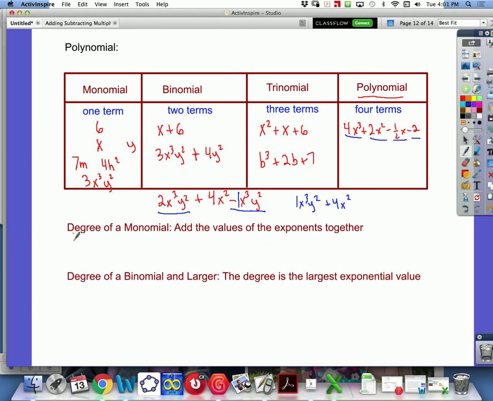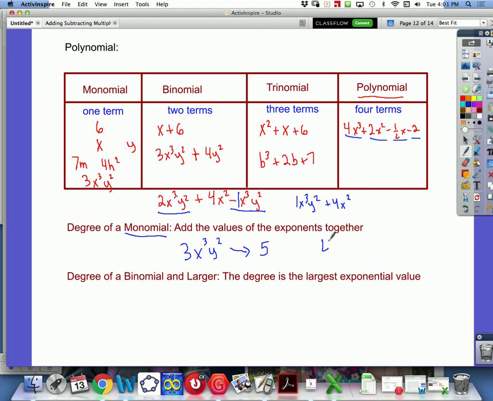The next thing you need to know is the degree. The degree is the value of the exponent in the problem. If I have a monomial, you're going to add the values of all the exponents together. So if I bring back my favorite, 3x cubed y squared, the degree is going to be 5 because this exponent is 3, this exponent is 2, and 3 plus 2 is 5.